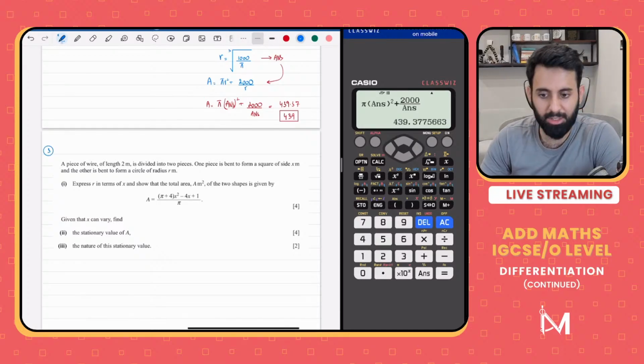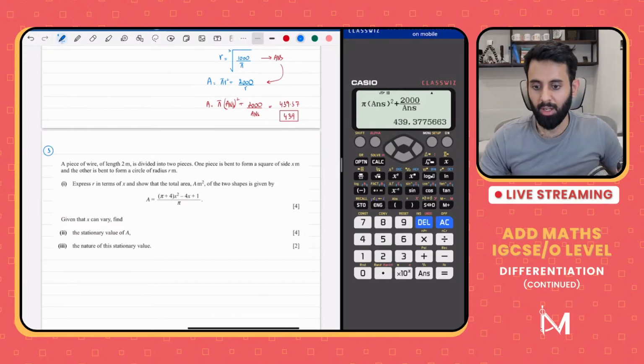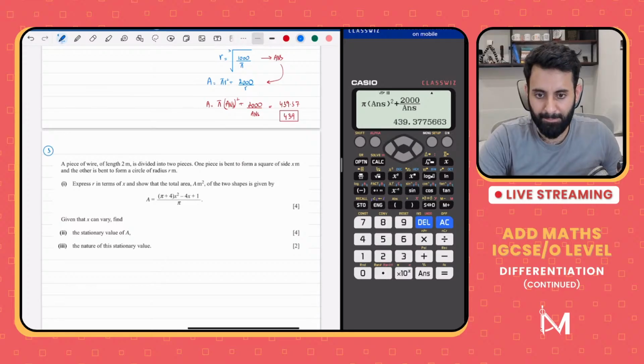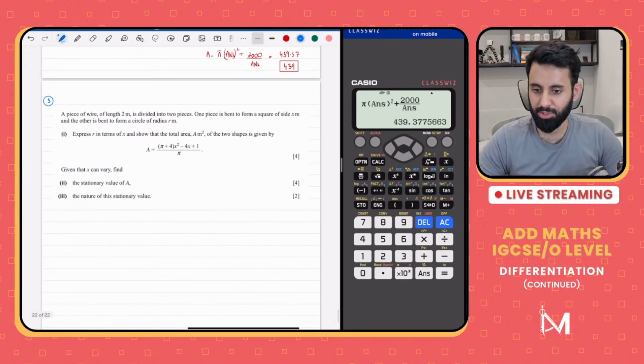For that, I have a stream. For AdMath functions, I don't have a stream. I have streams where I've solved past paper questions, but I don't have a stream where I've taught the topic from scratch. But don't worry, I will do a stream very soon. I've already covered permutations and combinations in detail from scratch.